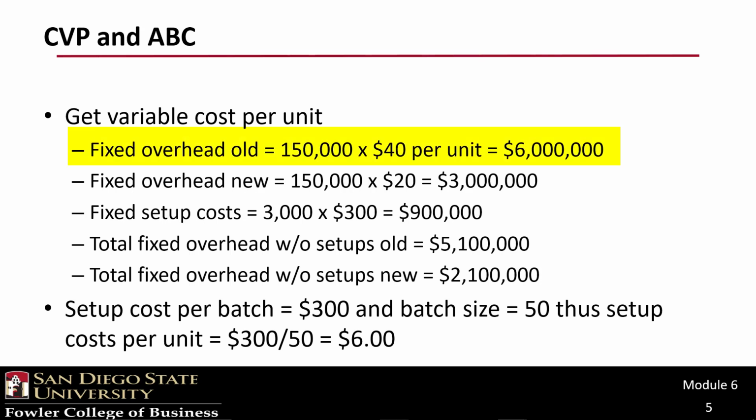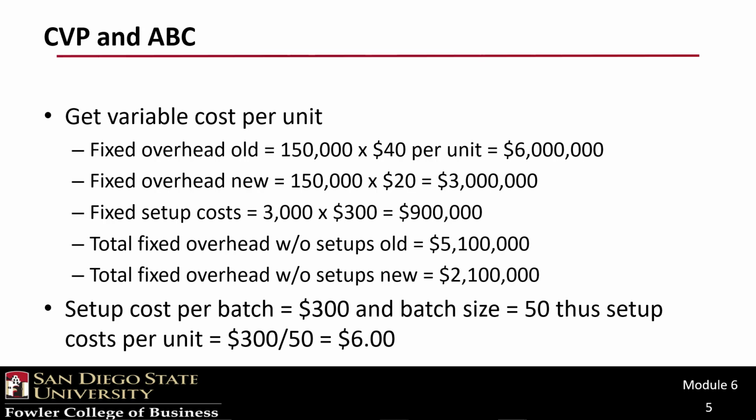So we know that the fixed overhead under the old system, 150,000 units times $40 a unit, that's $6 million. Fixed overhead under the new system is 150,000 times $20 a unit, or $3 million. But what we need to do is back out the setup costs, because that's now an activity that is using a different driver to allocate overhead costs to each product.